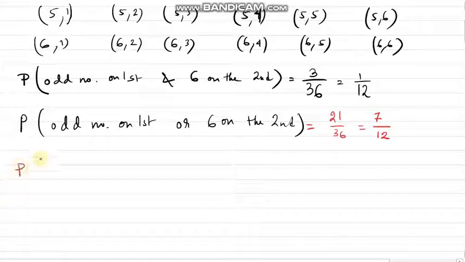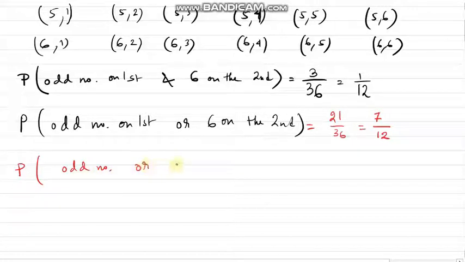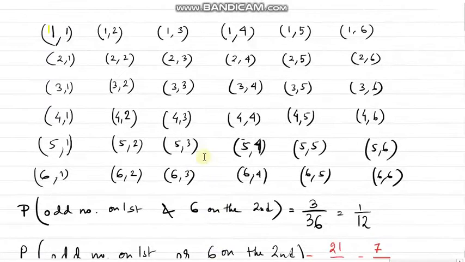Next one, probability of an odd number or 6. Now here it is not mentioned whether the odd number is on the first die or the second die. Right? So first just check if I calculate for the odd number only.